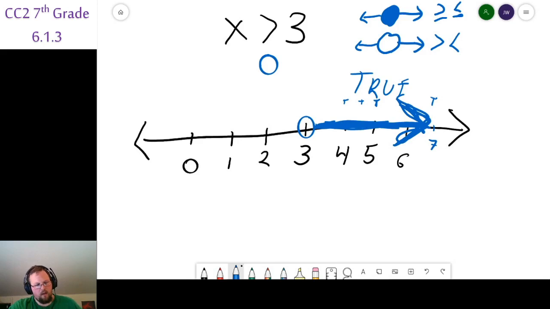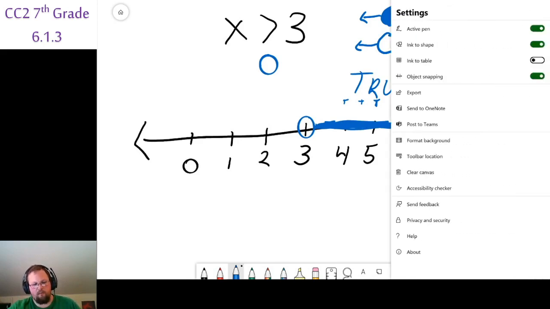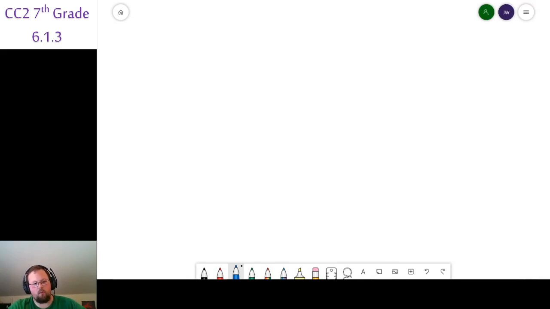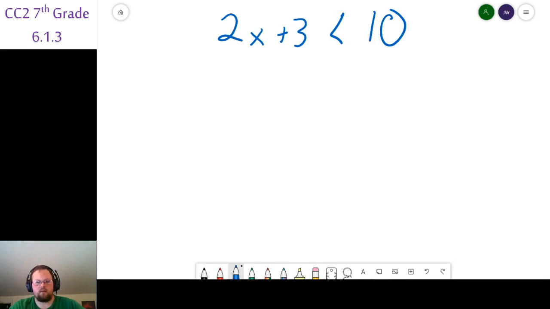Okay. Now, the book is also going to introduce you to finding what is called a boundary point. So you may have an expression that looks like this: 2x plus 3 is less than 10. Let's not do 10. Let's do 11.